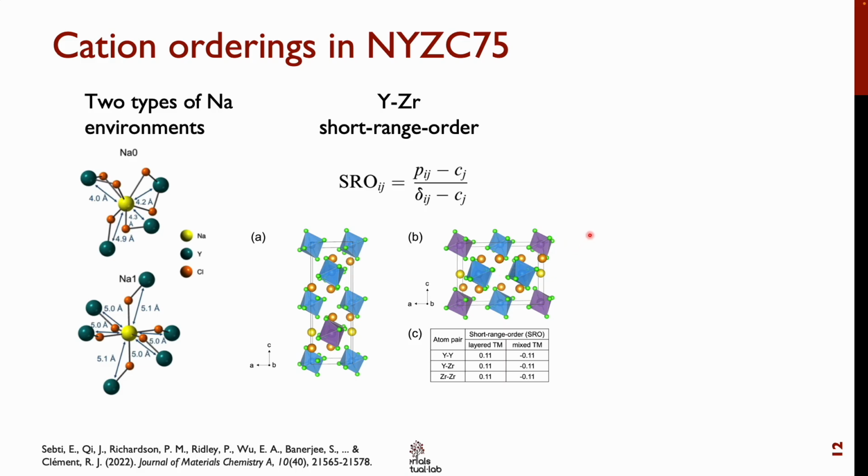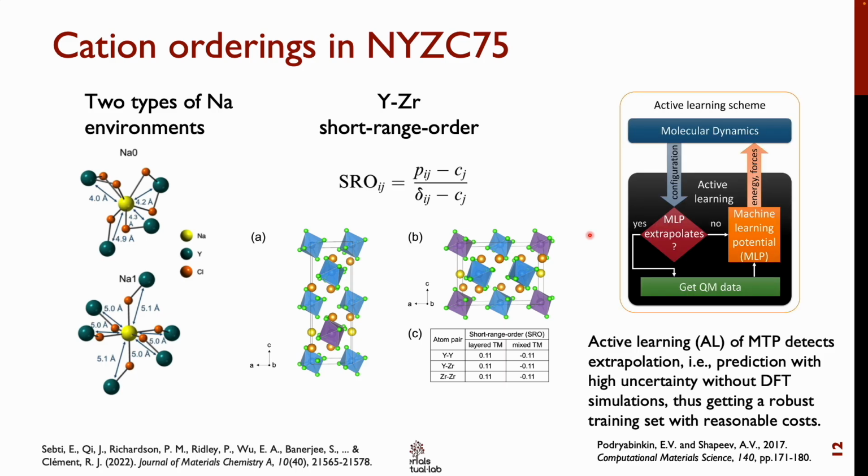So you can imagine if we want to simulate these 2 different cation orderings in NYZC, if we use AIMD to generate the training structures, it will be quite expensive. So this time we actually use the active learning workflow of the moment tensor potential, which is a method that detects extrapolation on the fly.